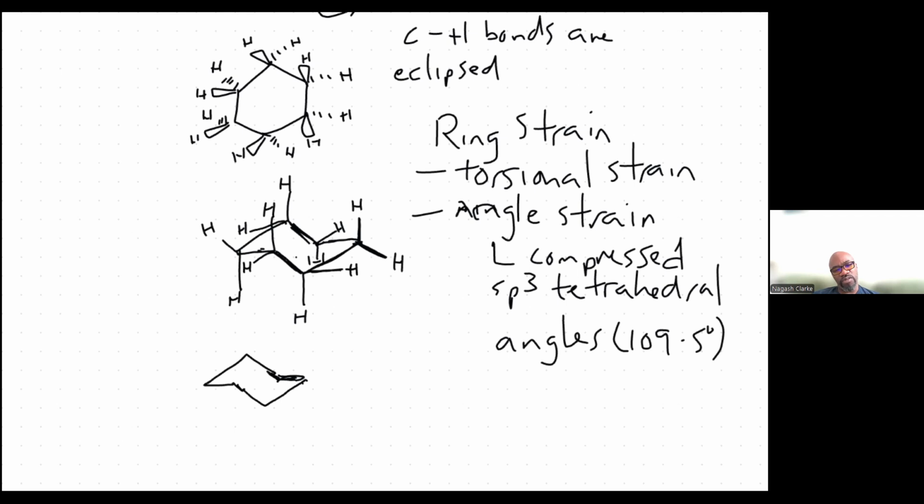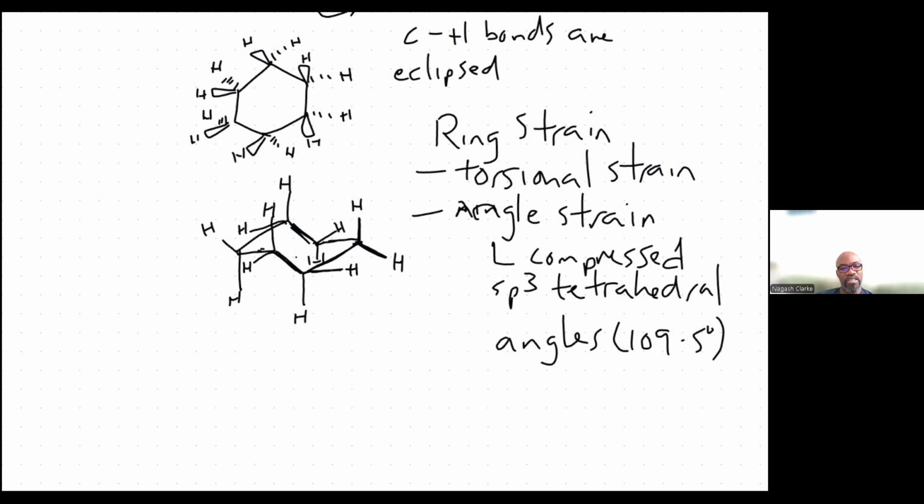You see, you don't want equatorials looking like this. You want to make sure equatorials are angled. So this one should be angled down. This one should be angled up. That's why it's important to draw good looking chairs. Otherwise, when you're trying to fill in your axial equatorial, they're not going to look proper.